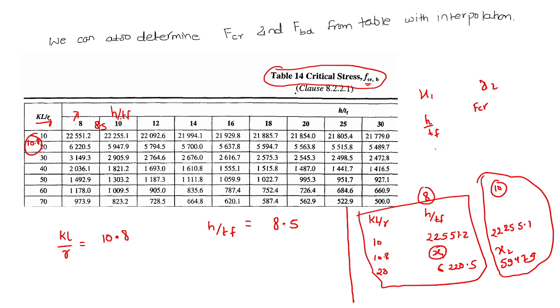For H by TF equal to 8, the corresponding value X1 will be kept here, and similarly for 10 X2 will be kept here, and for 8.5 let's say this is Y1, and this Y1 we will calculate again. This Y1 will be basically for 10.8 and 8.5. I hope it is clear.